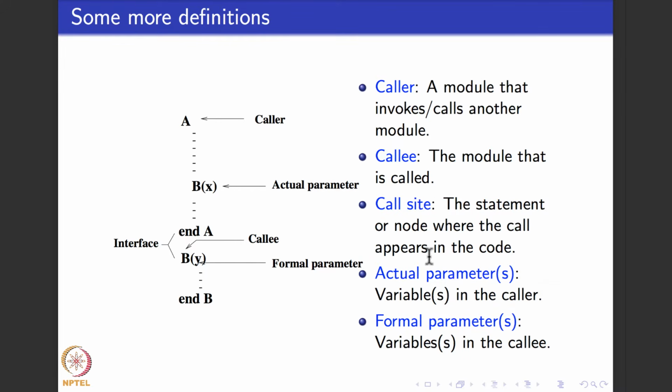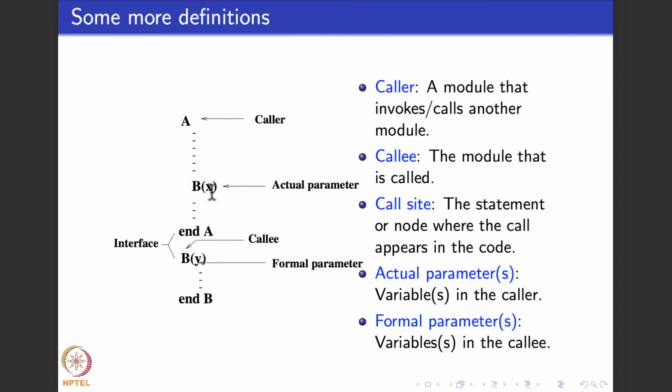Here is some terminology that we will use for the next couple of lectures. A is called the caller module, a module that calls another module. The module that it calls, B, is called the callee module, which is the module being called by A. The call site is the statement in A where the procedure call happens.